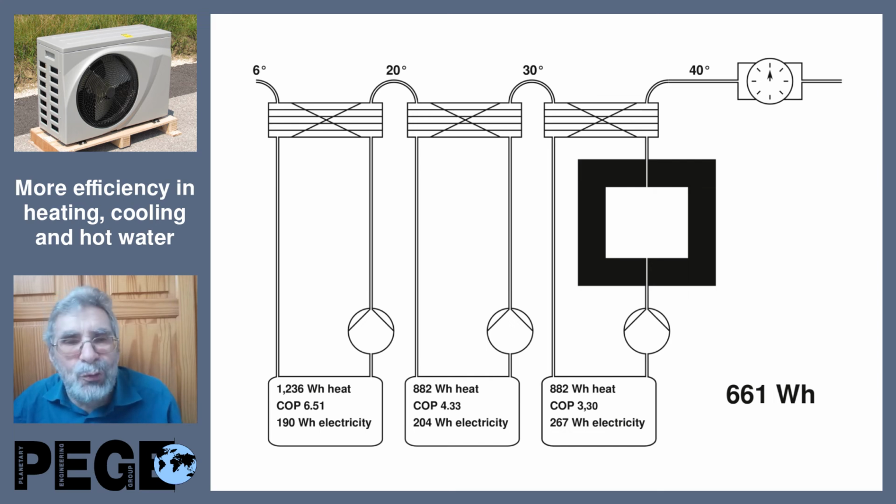And here we have the usual low coefficient of power, 3.3, but we use this only for 30% of the warm-up work. Most of the work to warm up the water is done by much higher COP, and so we use here only 661 watt-hours of electric power to generate these 3 kilowatt-hours of heat for a typical shower.